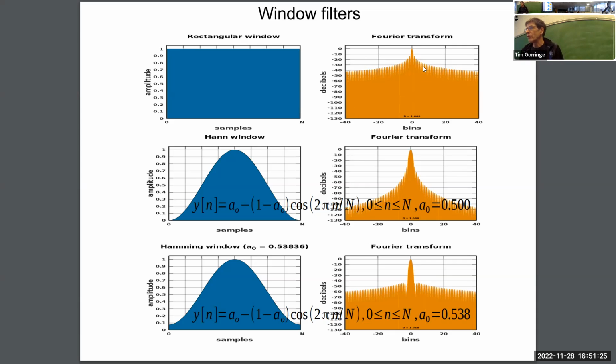You also notice this oscillation in here. This oscillation in the frequency response is simply, if you imagine that you had exactly 10 complete oscillations within your window, and then you gradually change the frequency to have 11 complete oscillations in your window.